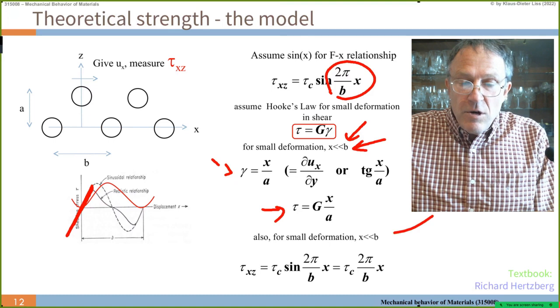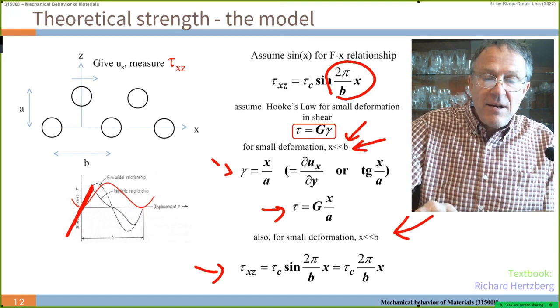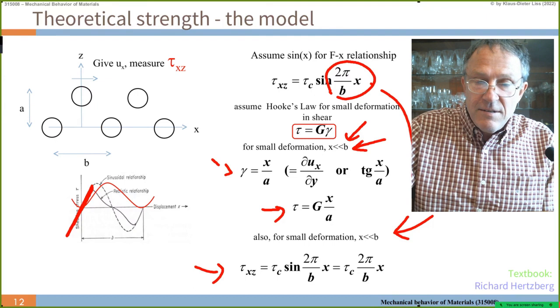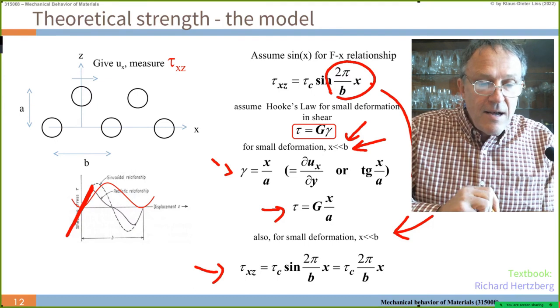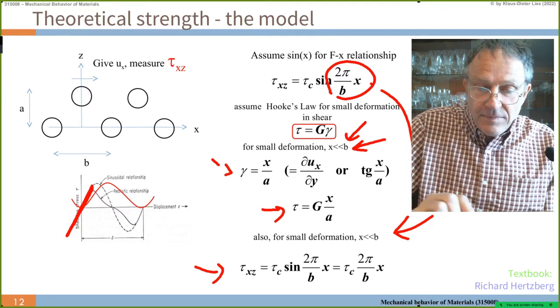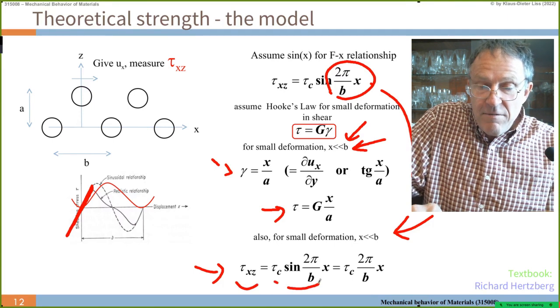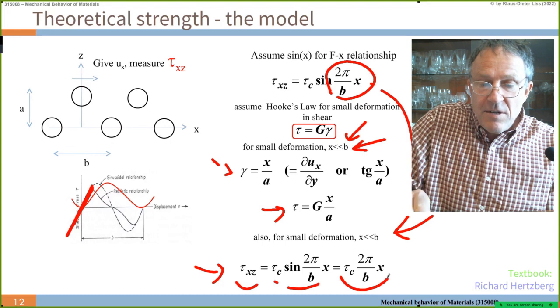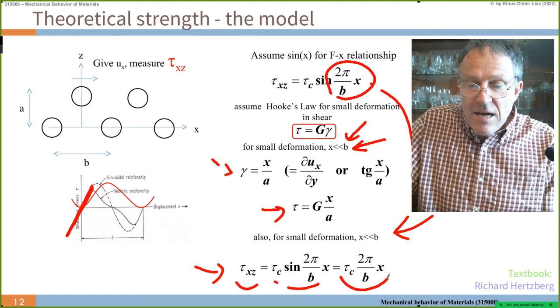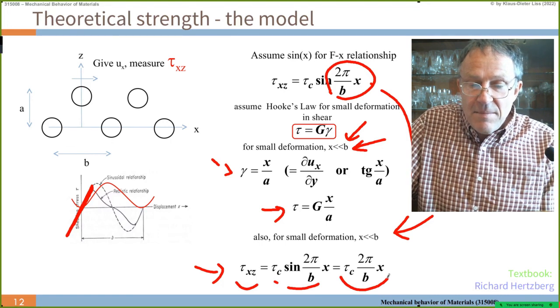So also for very small deformation, x much smaller than b, we can write down the shear stress. This is this approximation here. Tau xz is the sine function again, but then we develop the sine function into the first Taylor term, tau c 2 pi over b times x.